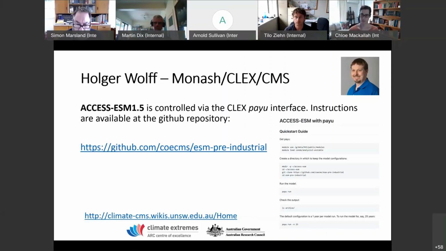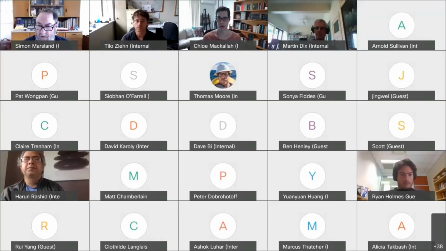And I just wanted to have the link to the GitHub repository where it's fully documented how to get started on the ESM model, and we'll pass it over to Holger now, who will take us through a brief training on that.